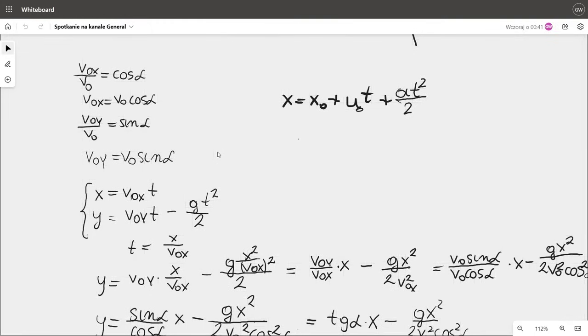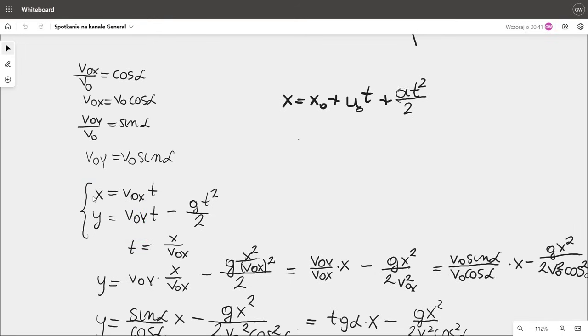Now we can write equation of motion for the x-axis and y-axis. For x-axis, x0 and a are equal 0, and u0 is equal plus v0x.